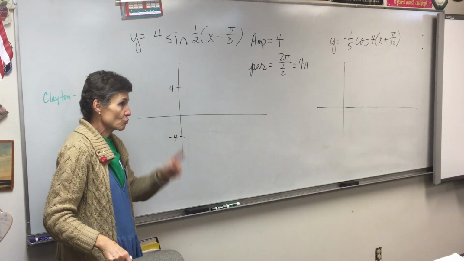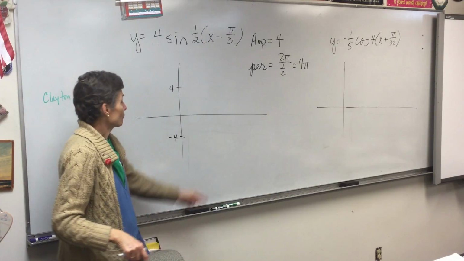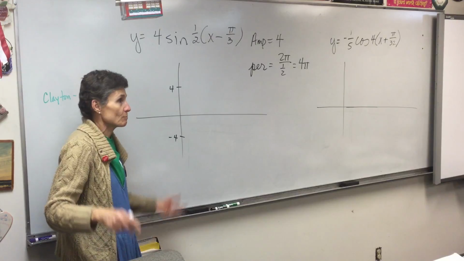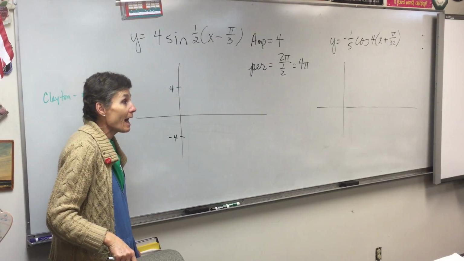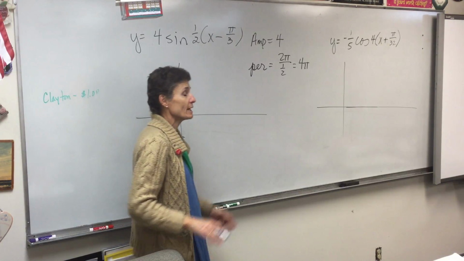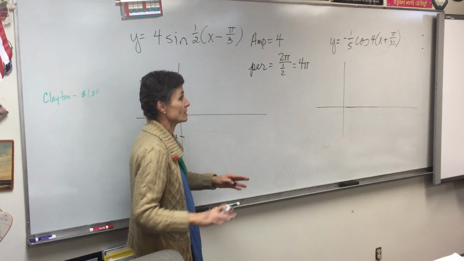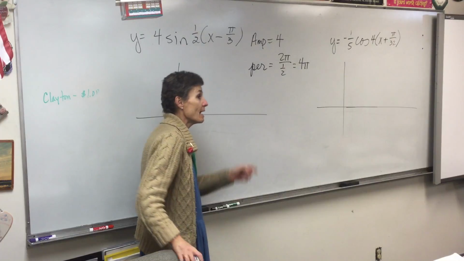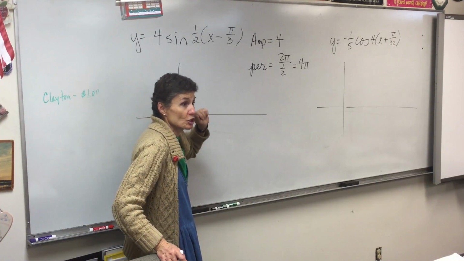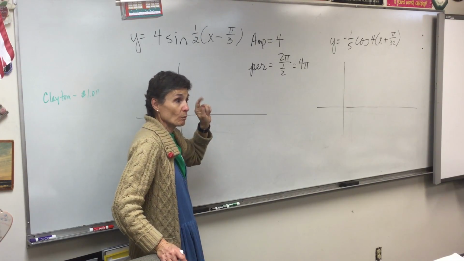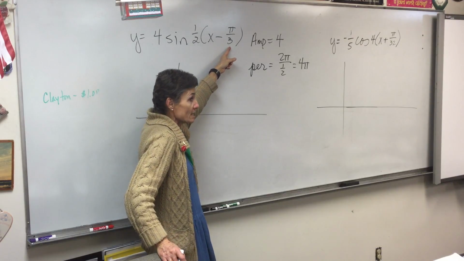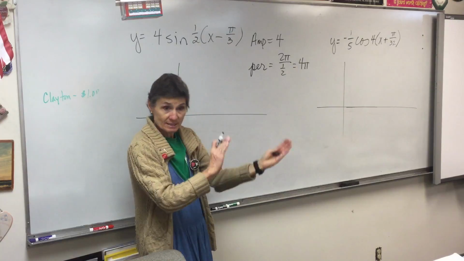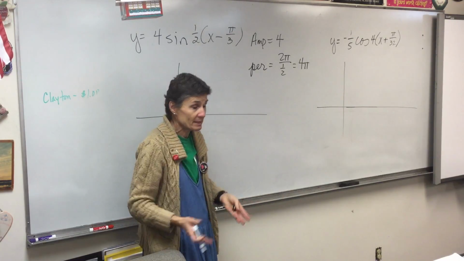But now I've done something tricky. I've thrown that in. Why'd I do that? Because I'm tricky. What happens when we put an addition or a subtraction, Sarah, into our problem? We shift it. That's right. And this particular one is going to shift to the right. But remember, depending on where you put that number, either inside the parentheses or outside, it can be a sideways move or an up and down move.